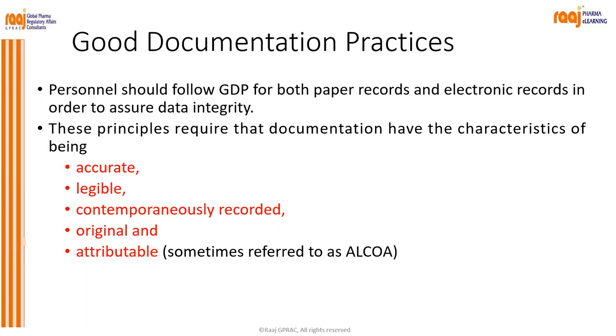This principle requires that documentation have the characteristics of ALCOA. So if your documents are accurate, legible, contemporaneously recorded, original and attributable, nobody can observe or give non-conformities for your system, your process, or your documentation.